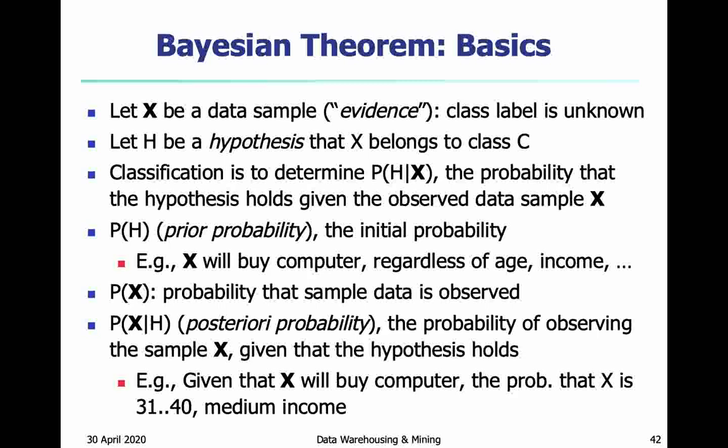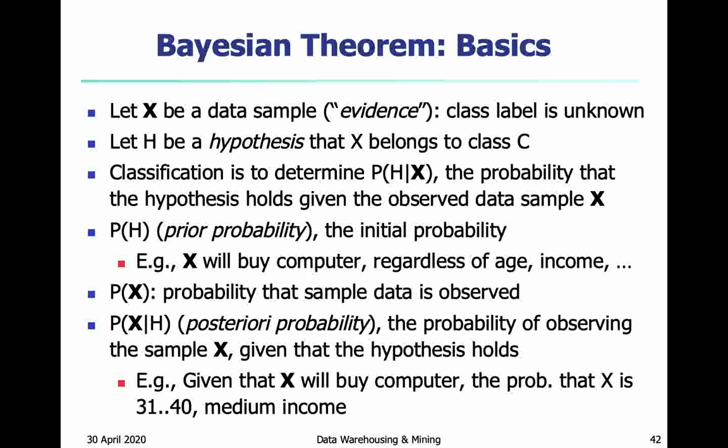Next I'm coming to P(H). It is known as the prior probability or the initial probability. It is the probability that any given customer will buy a computer regardless of age, income, credit rating or any other information.